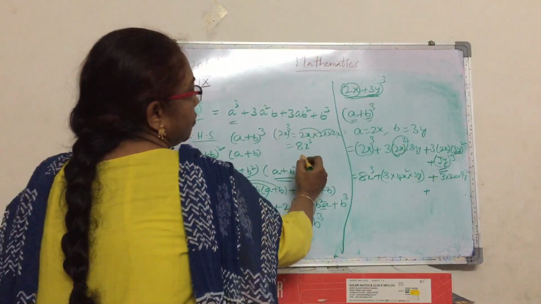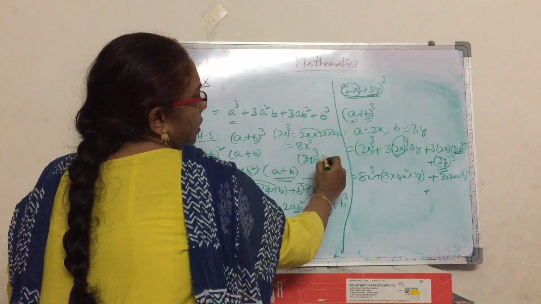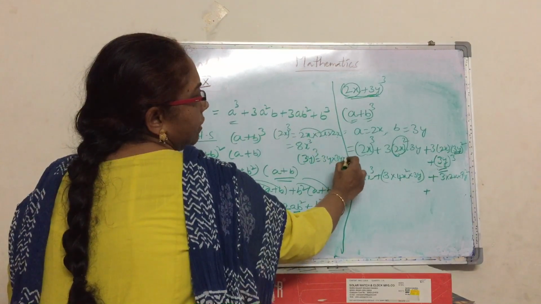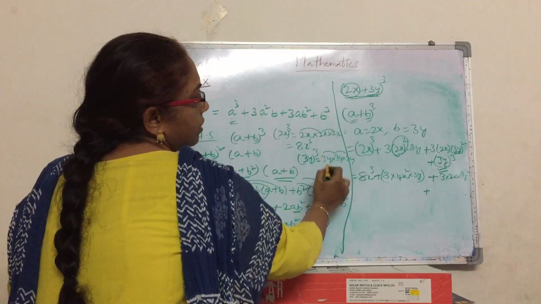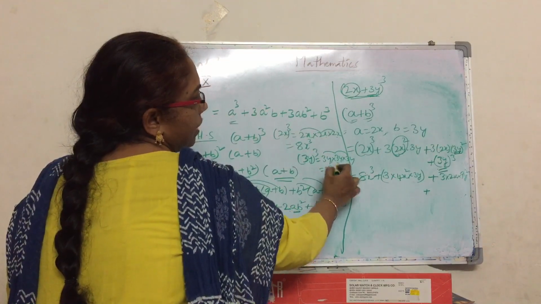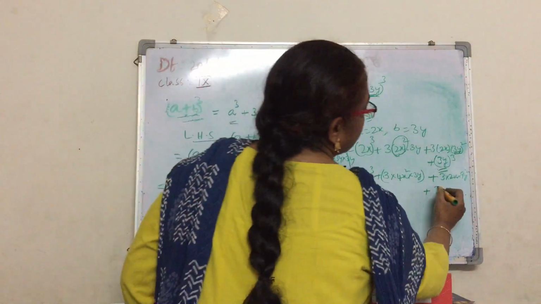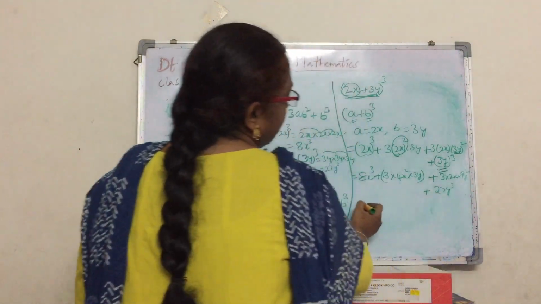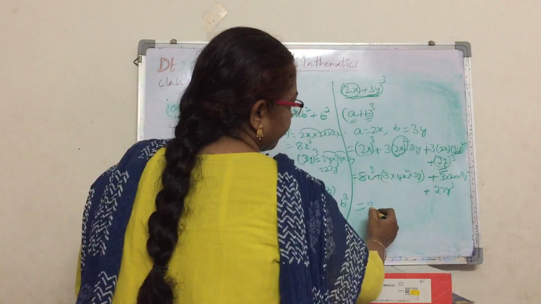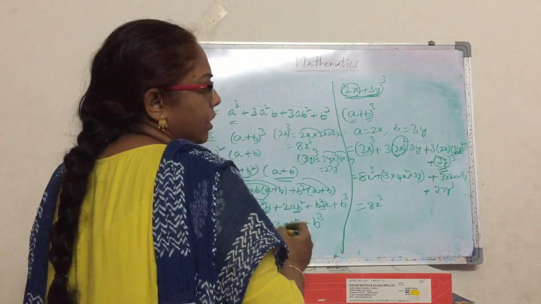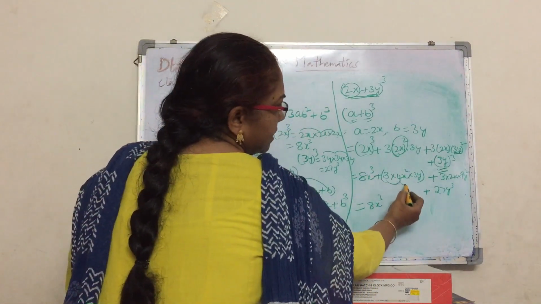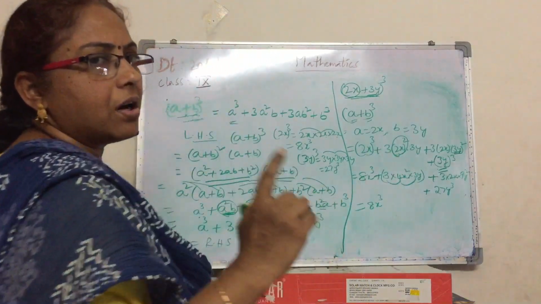Plus similarly see 3y whole cube is 3y into 3y into 3y. So 3 into 3 9. 9 into 3 27. Y into y into y, y cube. So that value is 27y cube. Still we can simplify it. See 8x whole cube. Here we have to multiply these numbers 3, 4, 3.